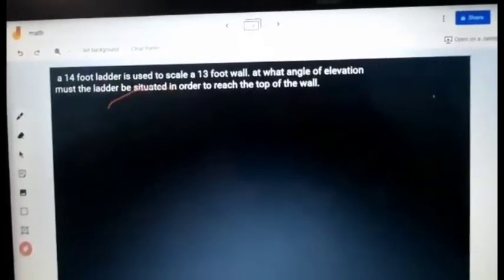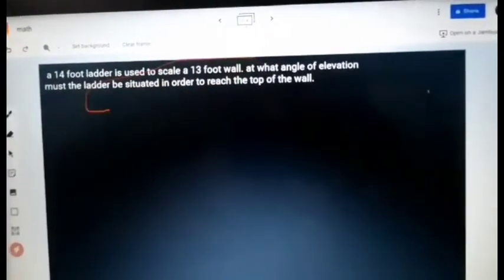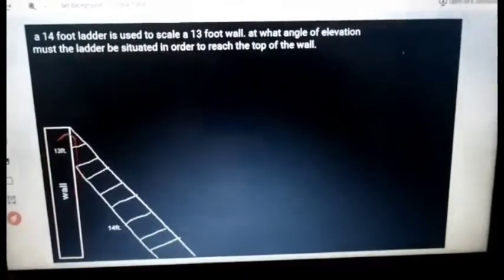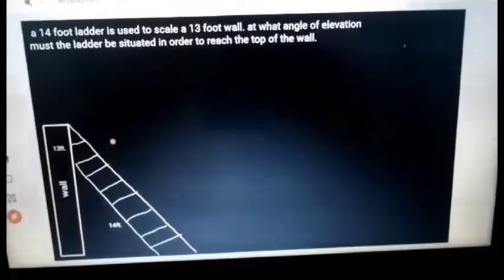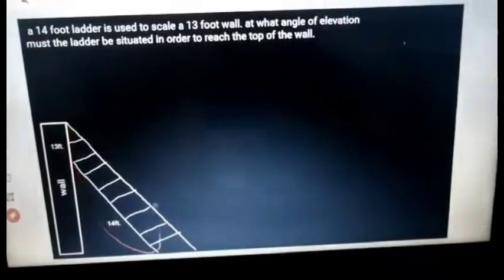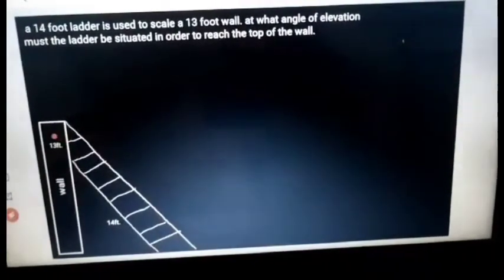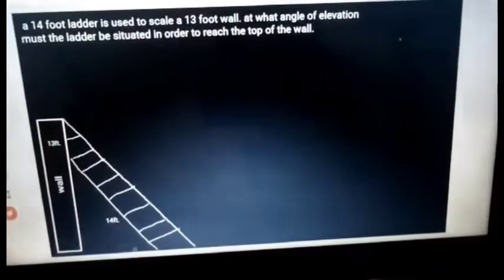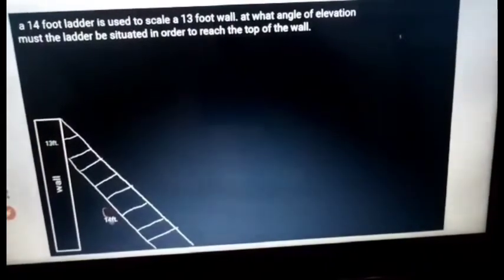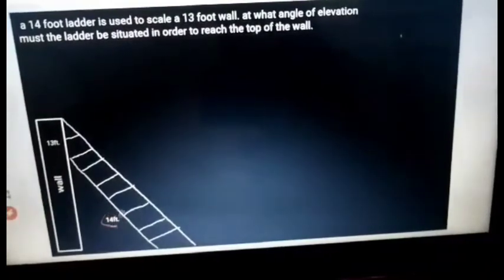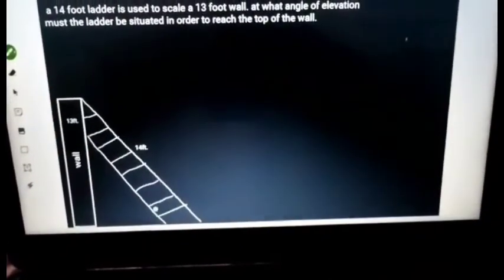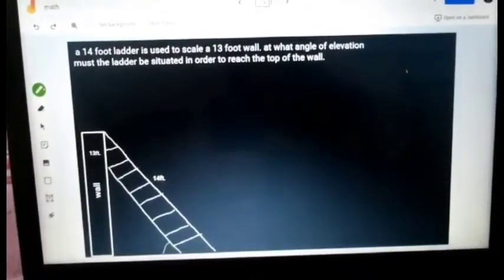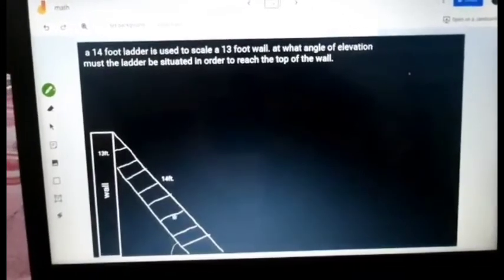So again, you need to understand the problem. Then the next thing you need to do is to illustrate the wall and the ladder. Then you need to label their measurements. Then you need to find the angle of elevation. There's no angle of elevation stated in the problem, so that's what we need to find.